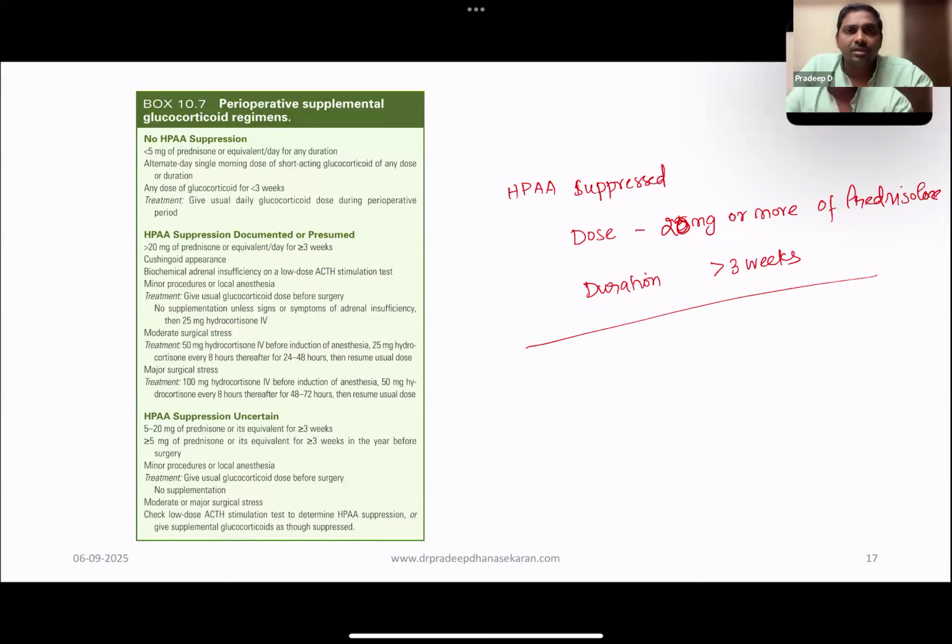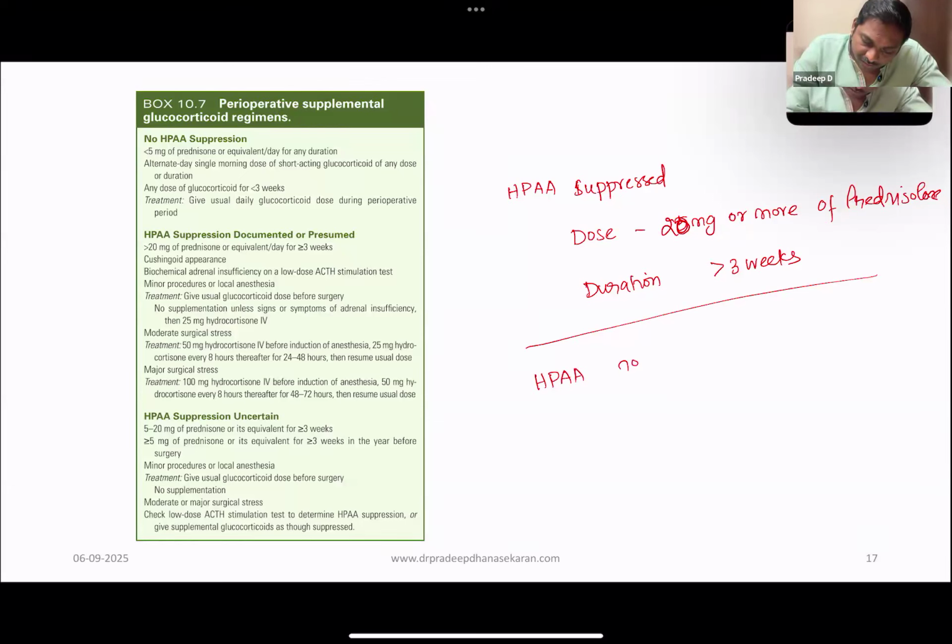When you put the patient on steroids at a dose equivalent to 20 milligram of prednisolone for more than 3 weeks, the HP axis will be suppressed. In such cases, you need to provide exogenous steroids to counteract the surgical stress response.